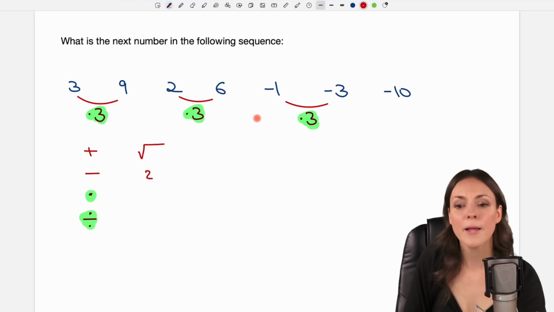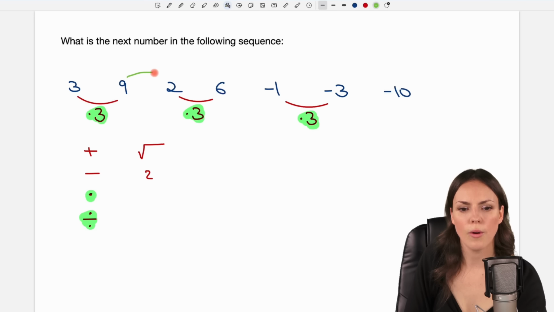I don't like it. And I check plus and minus now with the rest of the numbers. So how do I get from the 9 to the 2 with plus or minus? Well, I have to subtract 7 to get there. And then here, how to get from the 6 to the -1, I have to subtract 7. Great, a pattern.